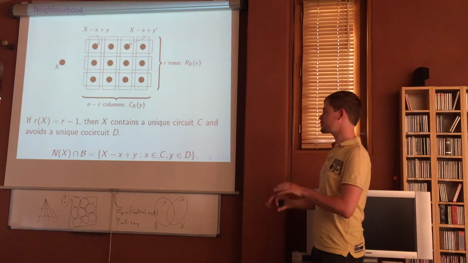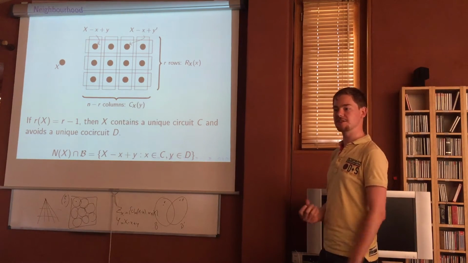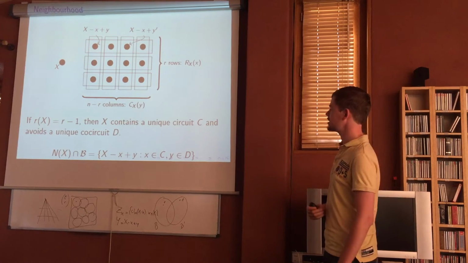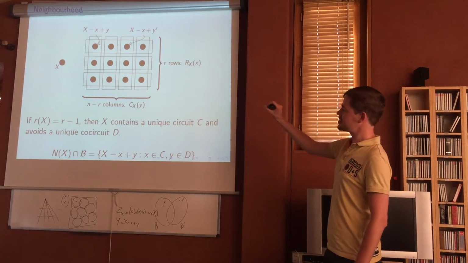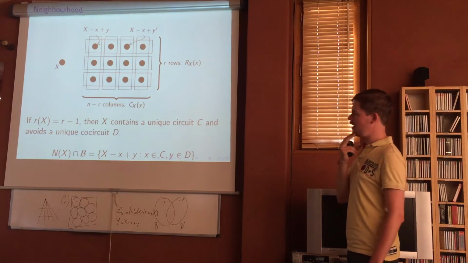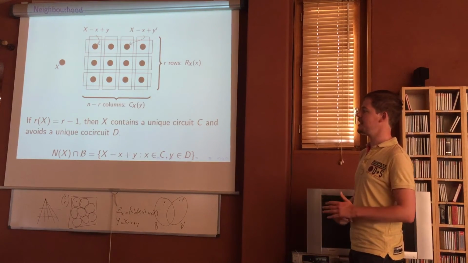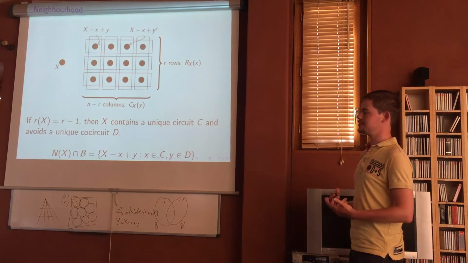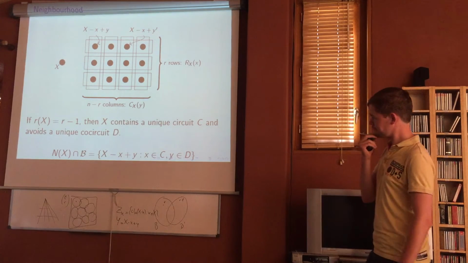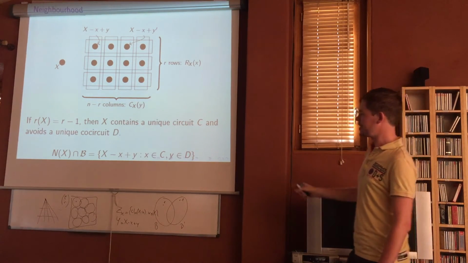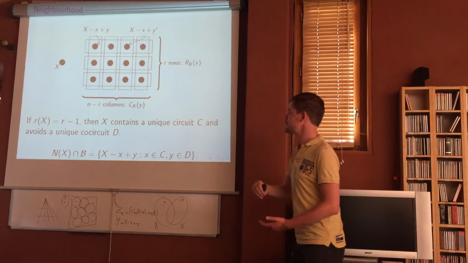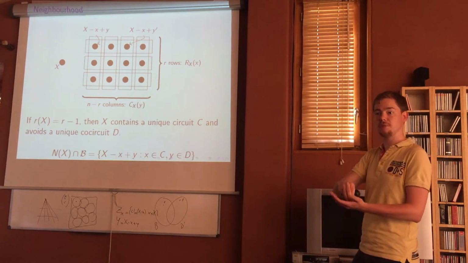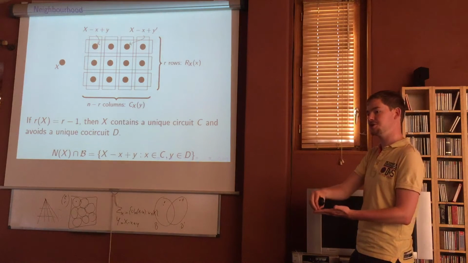And here's how we can describe the non-bases or the bases in the neighborhood of a vertex X. So if X happens to be a point set that has rank R minus 1, and it contains a unique circuit and avoids a unique co-circuit, we can describe the neighborhood in this way. So we need to kick out some element of the circuit to destroy the dependence.